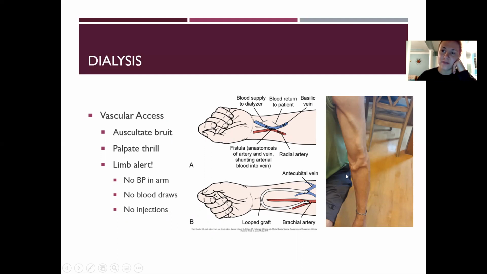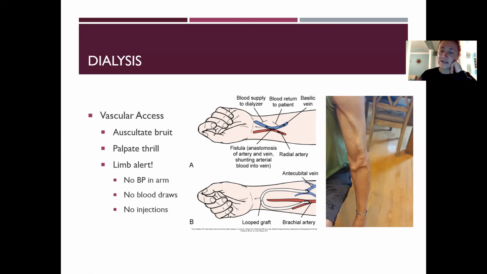That arm is going to be a limb alert, no blood pressures and no sticks in that arm. To assess for the patency of this site, you can palpate a thrill. So you can literally put your hand over that site and you will feel like a buzzing vibration.